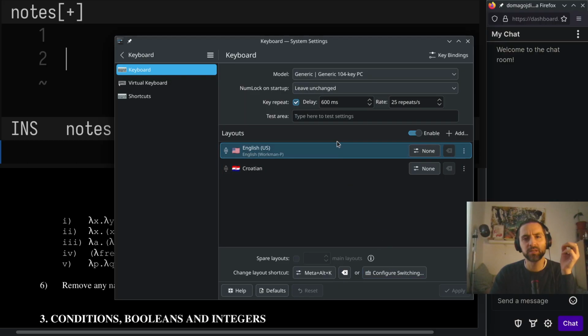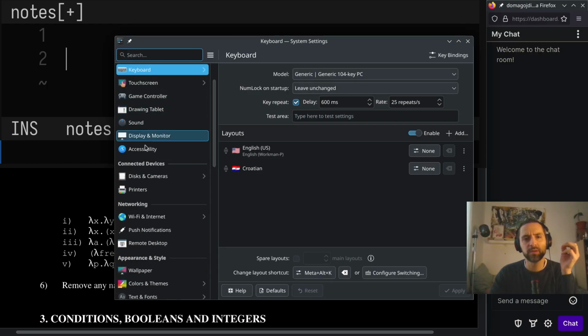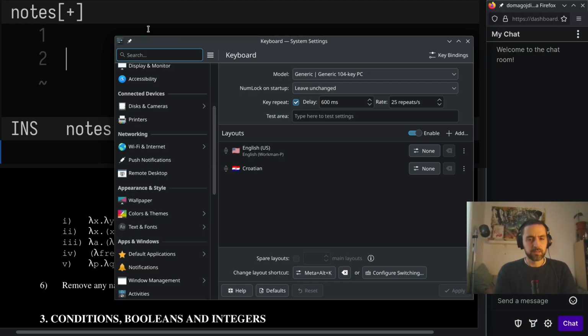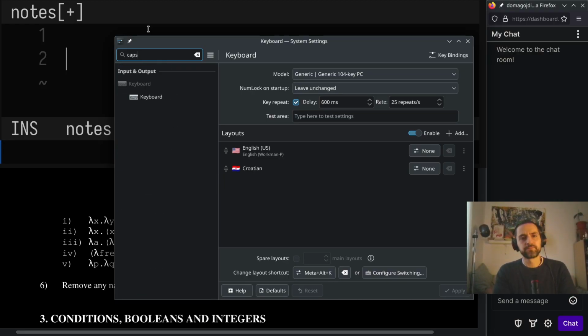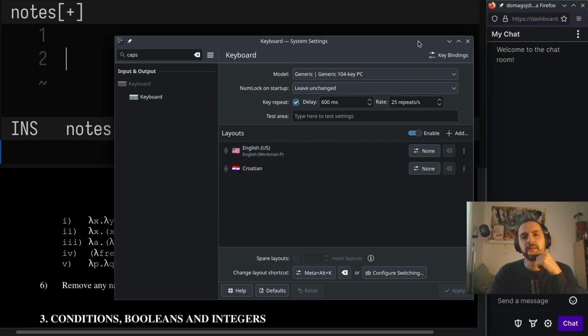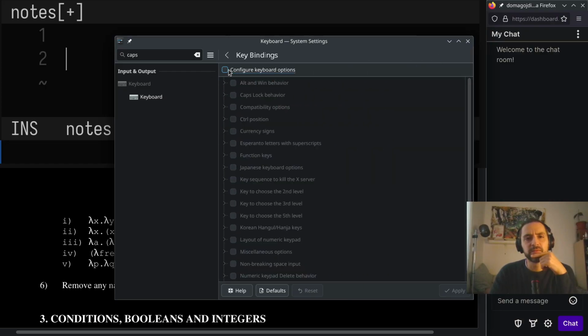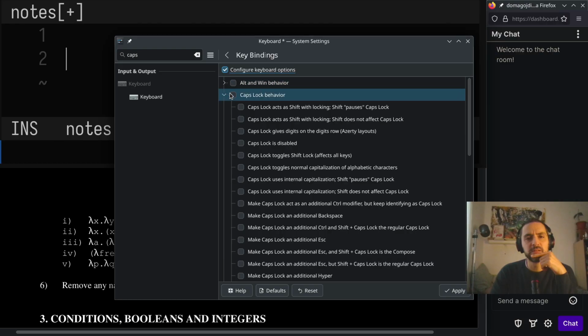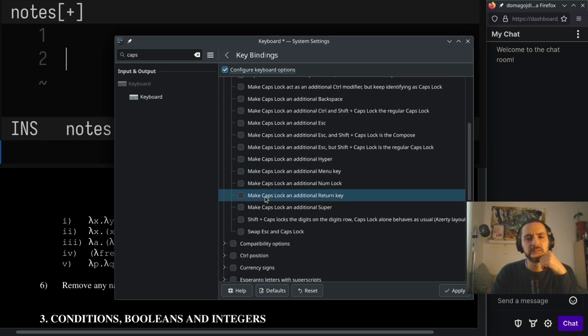Configure keyboard options. Maybe this. I didn't, but I have a service.